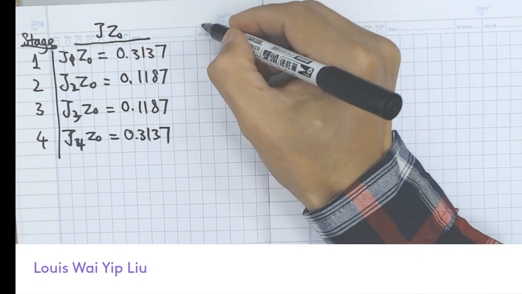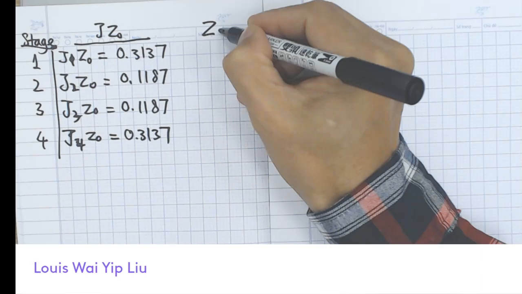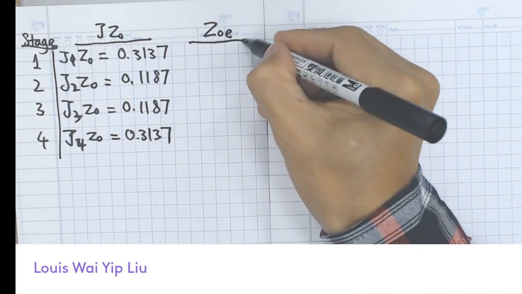And now the even mode impedance Z0E, and we are going to calculate this.